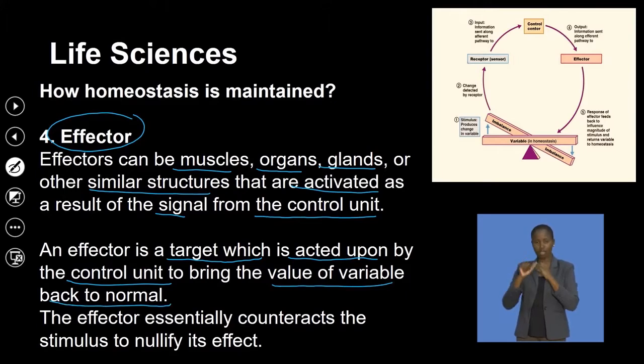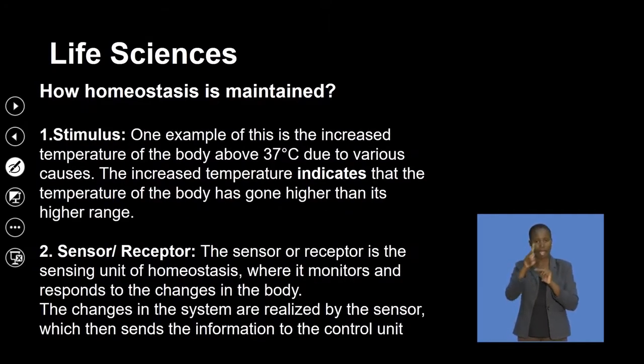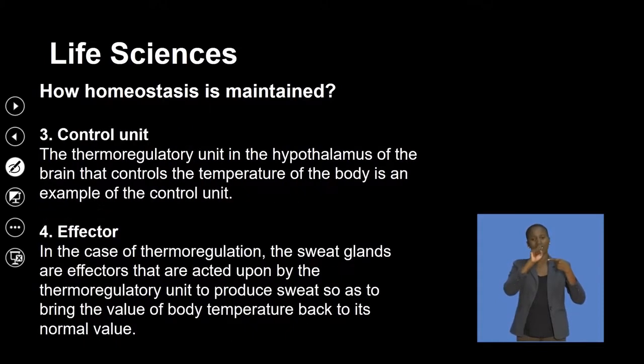The effector essentially counteracts the stimulus to nullify it or to bring the effect back to normal. So we've looked at the stimulus, the receptor, the control unit, and the effector.